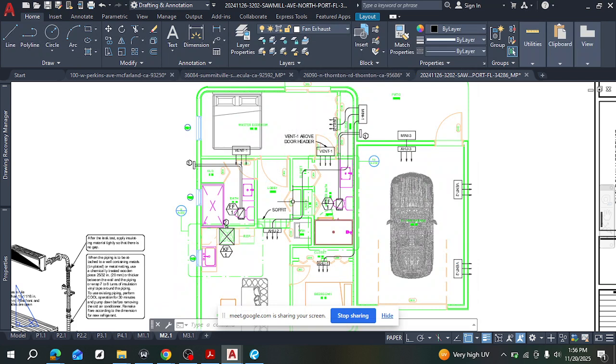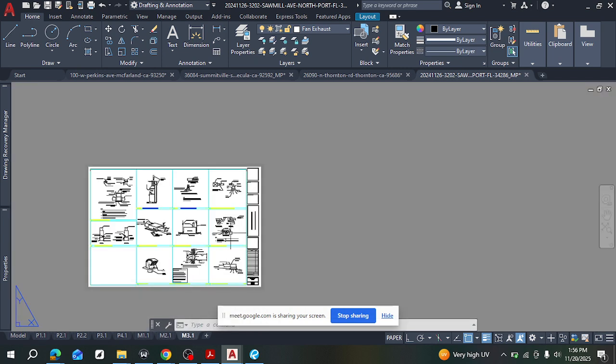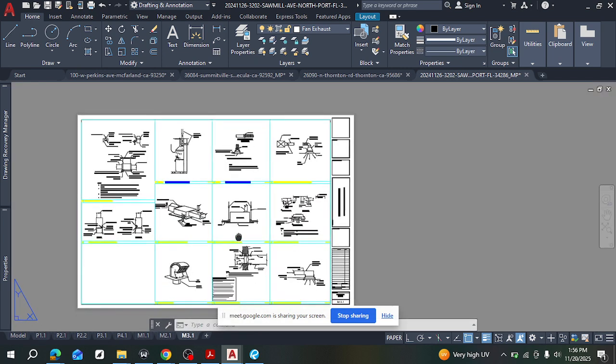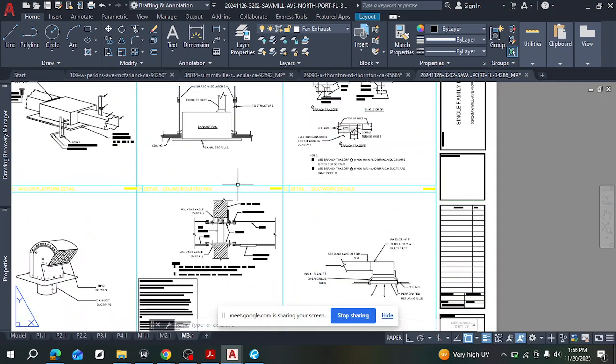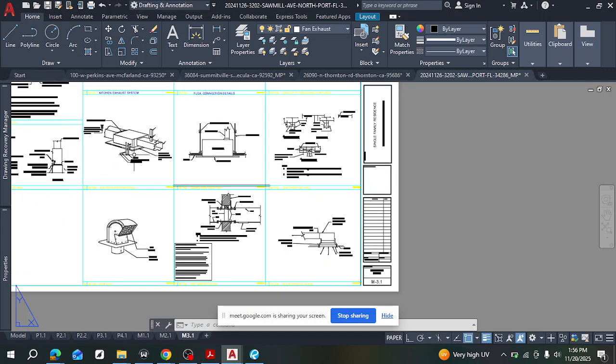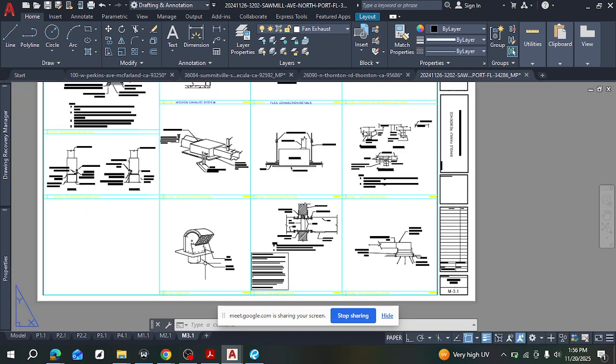This is just an overview of what we might do in future. Then this is what we call a details page. There are some parts of the designs that you need to give pictorial representations of. These parts help the people on site understand better what you are drawing.